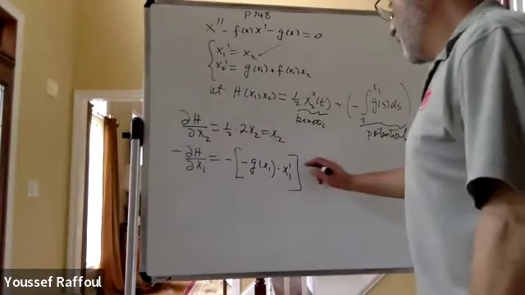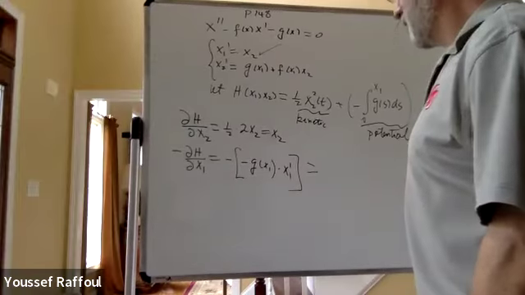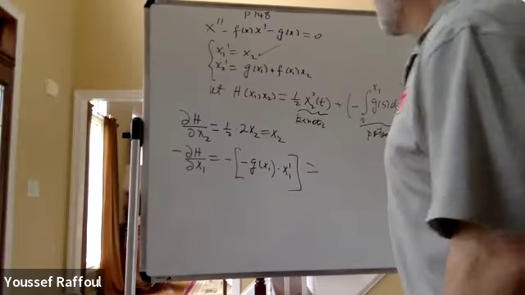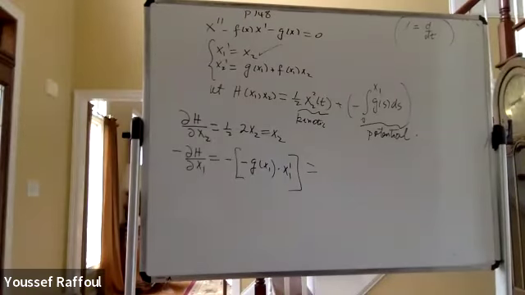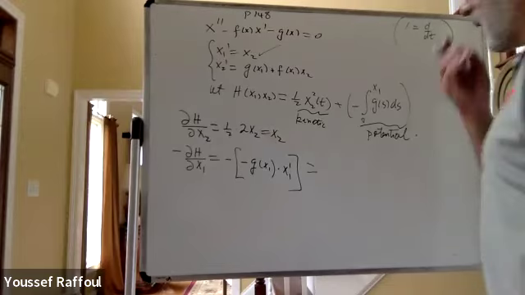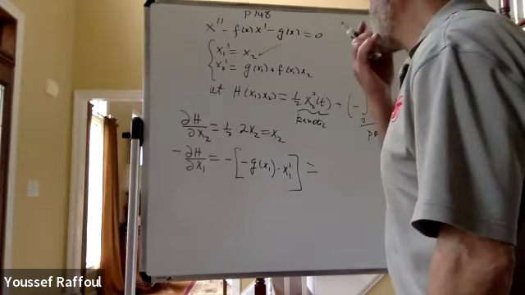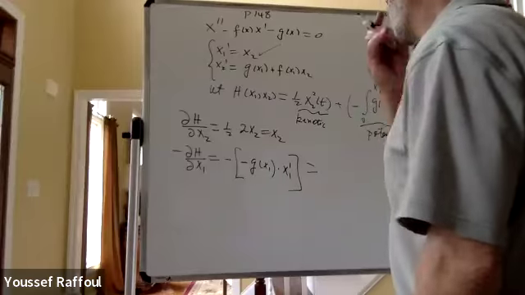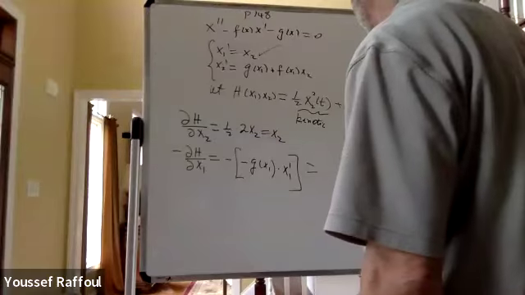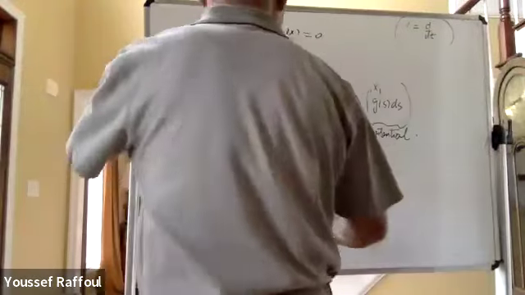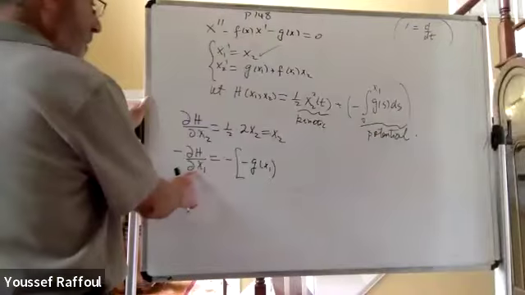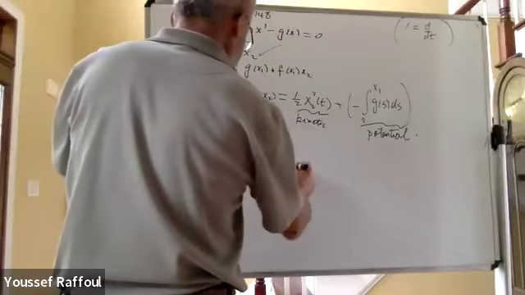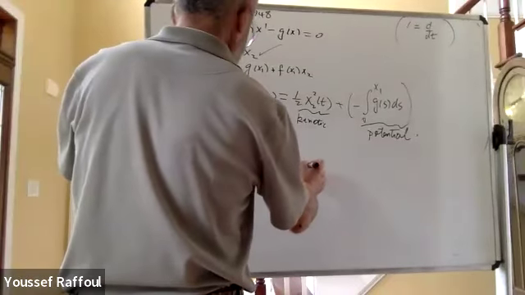And then this, I'm doing with respect to x1 only, minus g x1. So there is no prime because I'm not doing the derivative with respect to t.